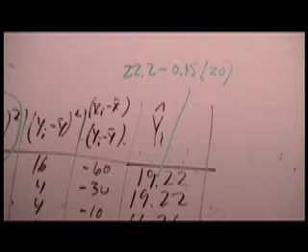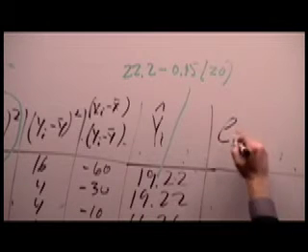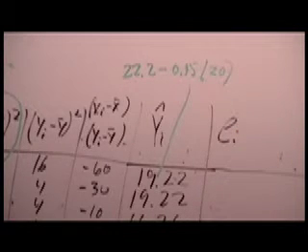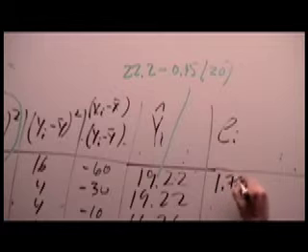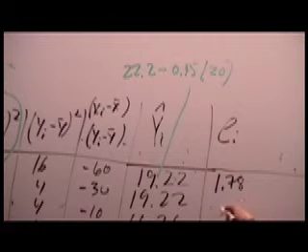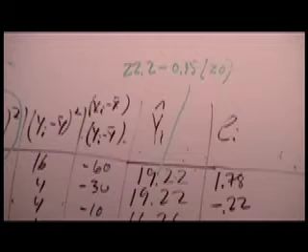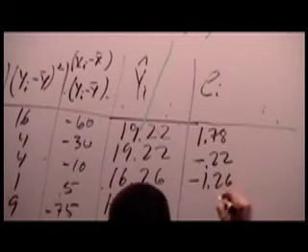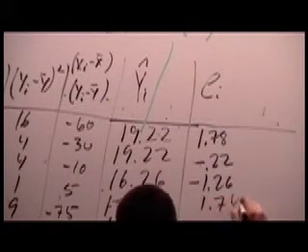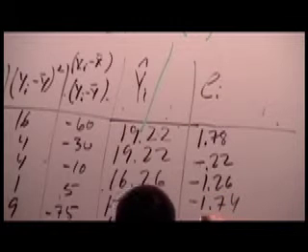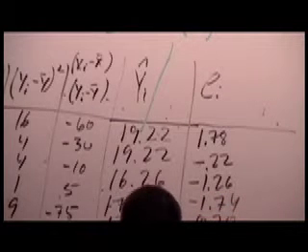And once we have this, we also need our error term. So now we take y, which is 21, minus y hat, which gives us 1.78, minus 0.22, minus 1.26, minus 1.74, 0.70, 0.74. When you add up all those, it turns out to be 0, so that's kind of useless.